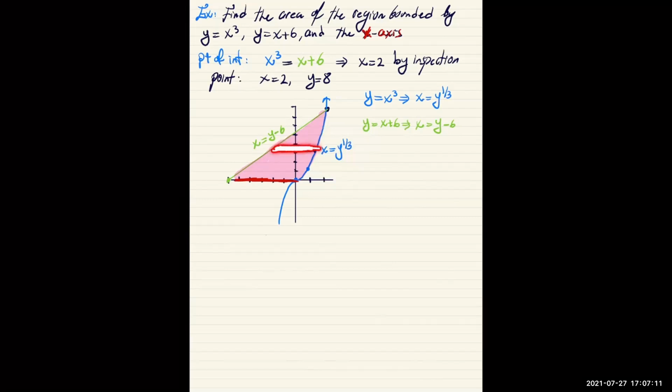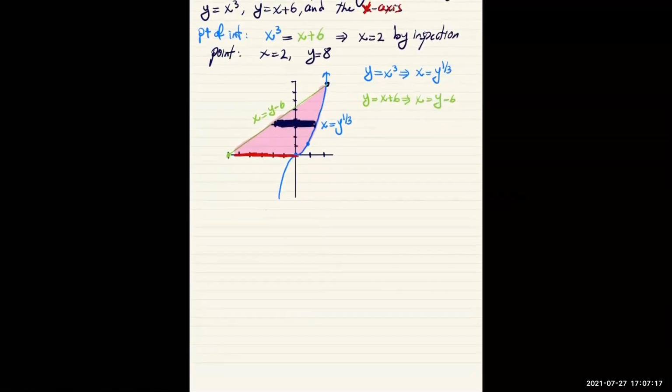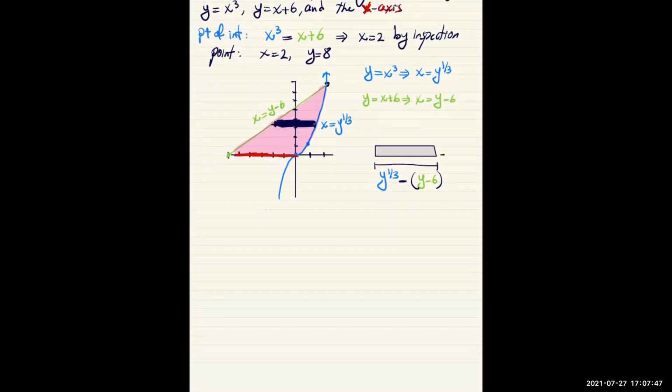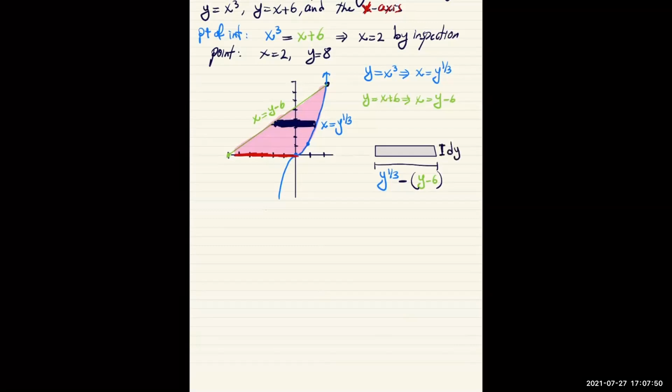So the length of the rectangle is going to be this function minus this function: y to the 1/3 minus (y minus 6). This x minus this x. And the width is just dy, that increment change in y.